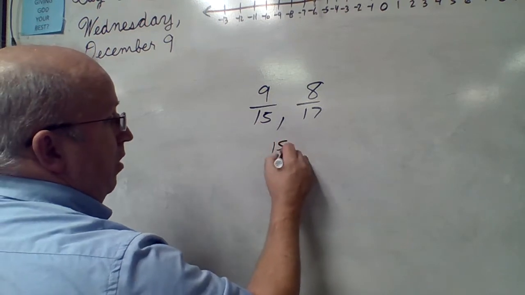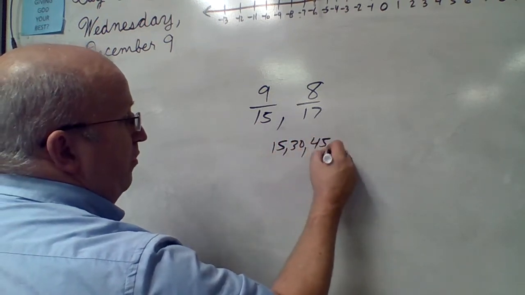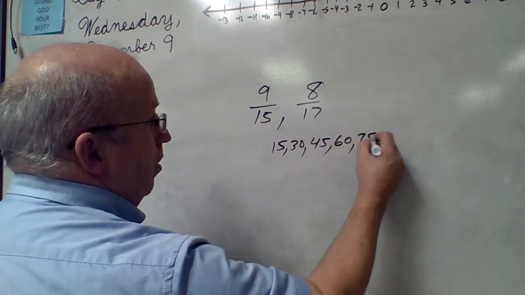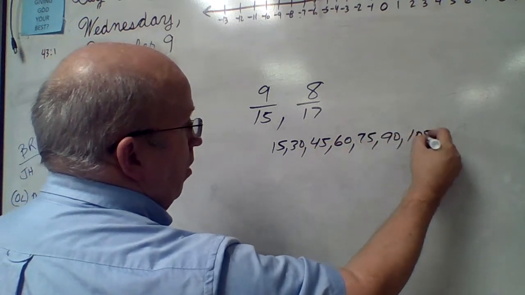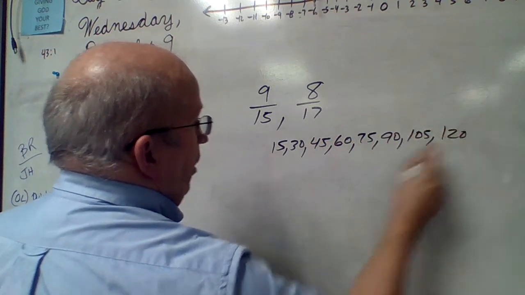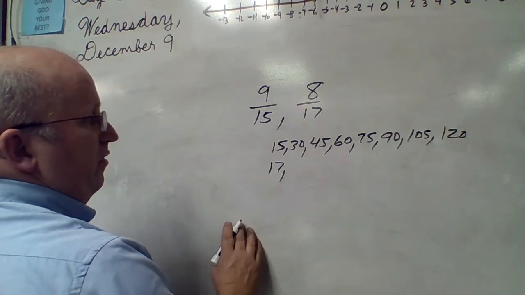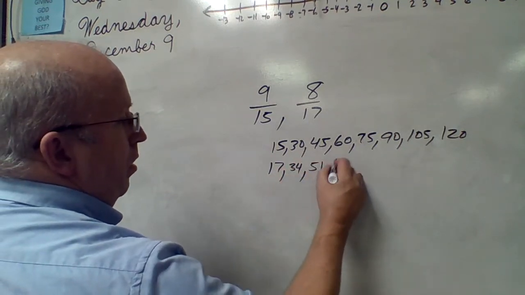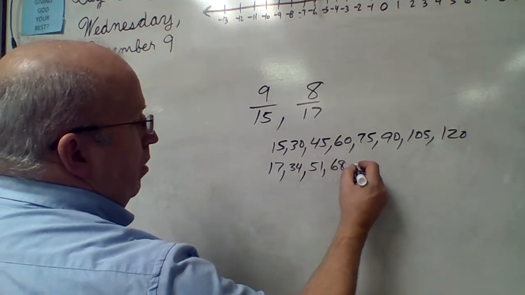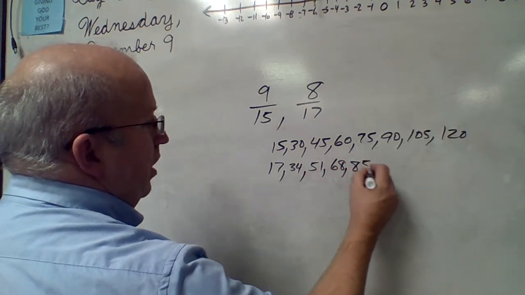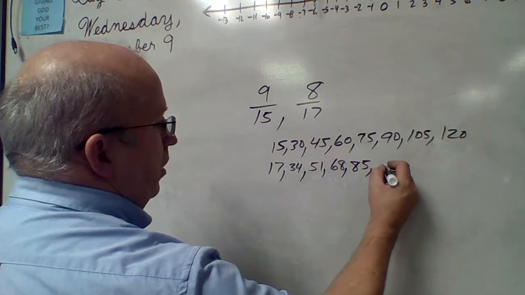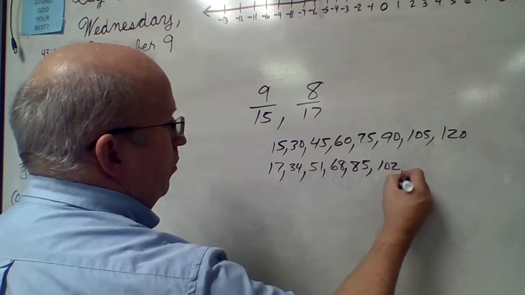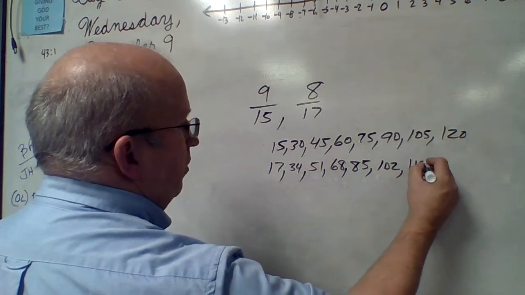I don't know. Let's write down some multiples of 15. Oh, and now let's write some multiples of 17. Let's see, 85. What's the next one? 90, 102. How about 119?